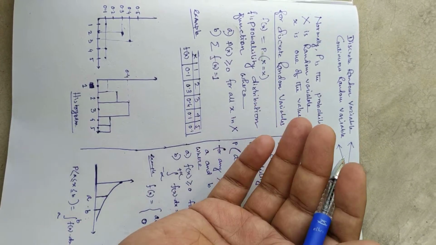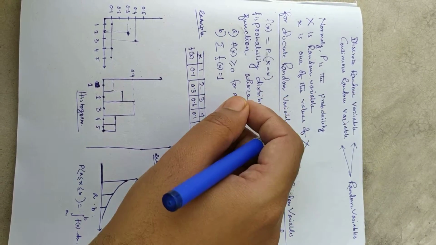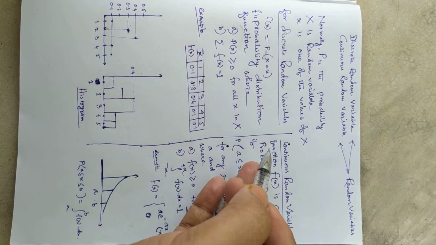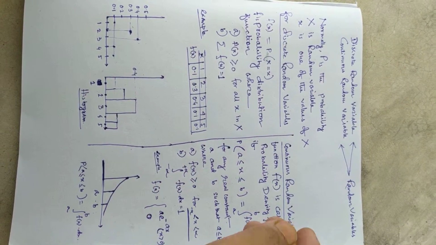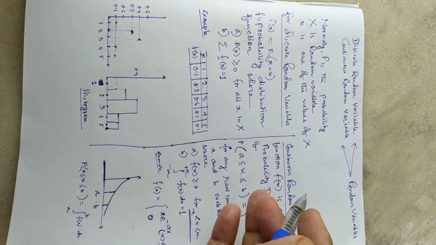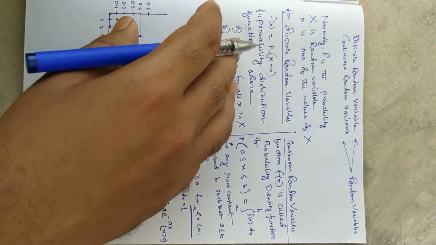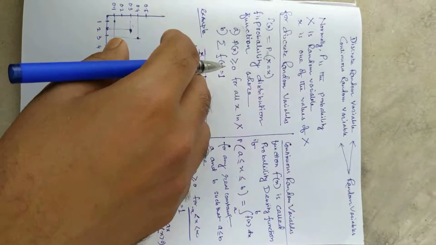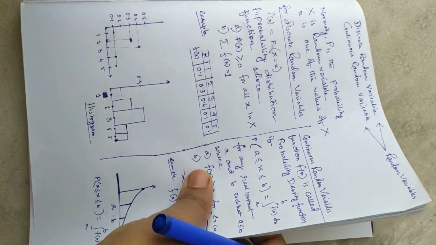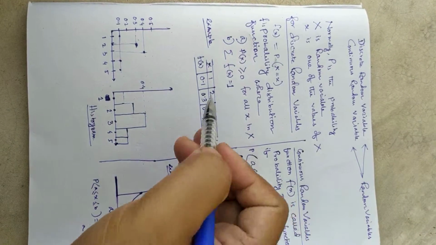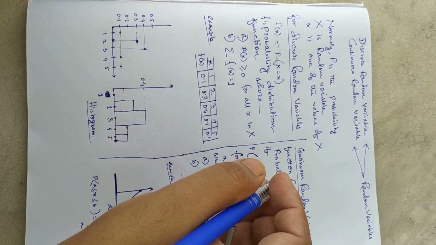Now, for any discrete random variable, the distribution function we use is the probability distribution function. But in case of the continuous random variable, the distribution function is termed a probability density function.